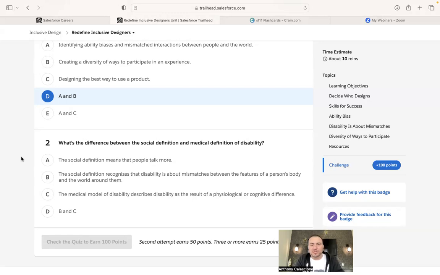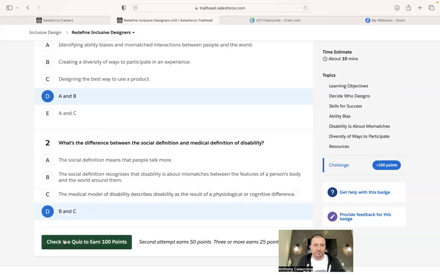What's the difference between social definition and medical definition? B tells you the social, C tells you the medical. There's no one answer that actually gives you the difference. They kind of just define each part of it. So you have to select two. And if you like B and you have to select two, and one of the answers includes B, you just have to do it.